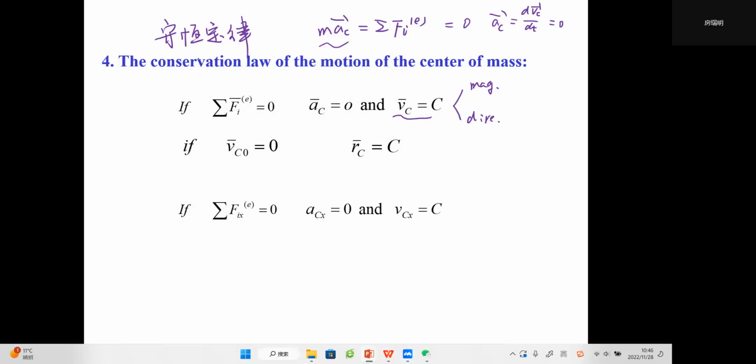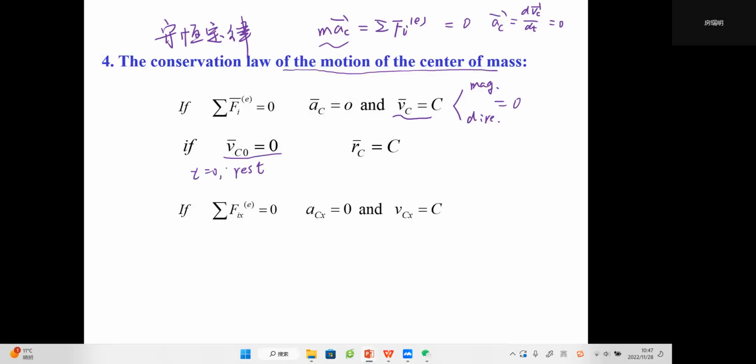See, that's the conservation law of the motion of the center of mass, right? And if at t equals 0 the whole system is at rest, stationary, that means our vc equals C will equal 0, right?